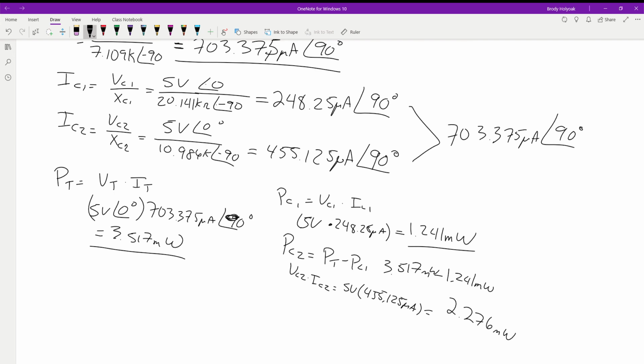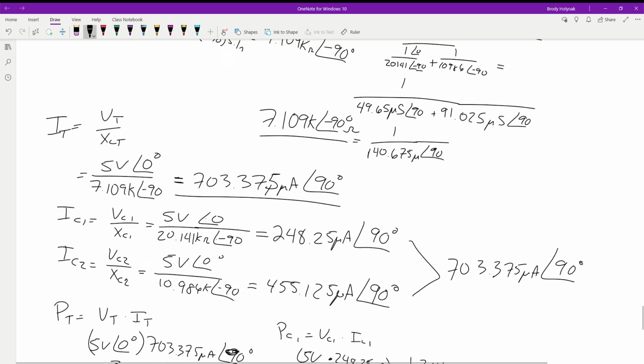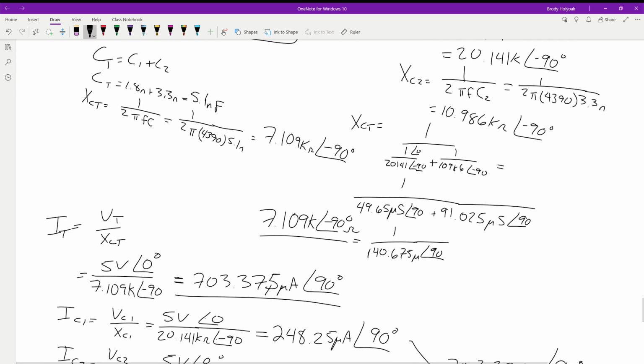Okay, that is basic caps and resistors in parallel. So again, if we wanted to solve the same type of circuit using resistors, we would just have to stick in resistors that were equal to 10K and 20K.